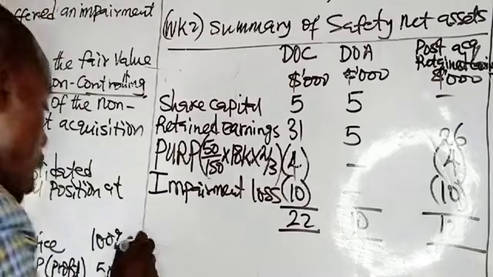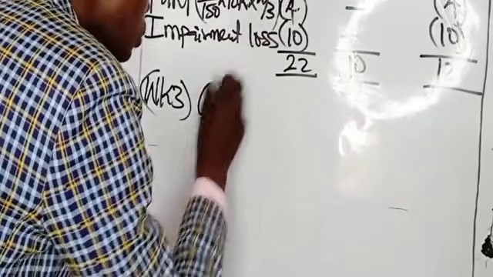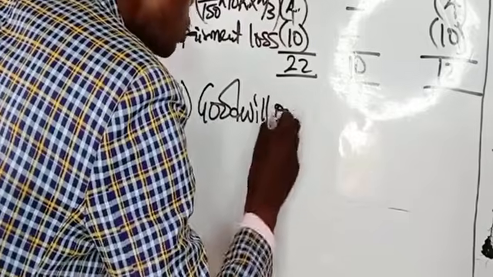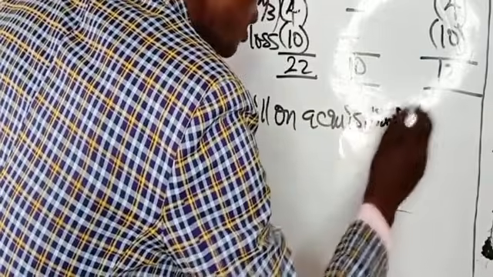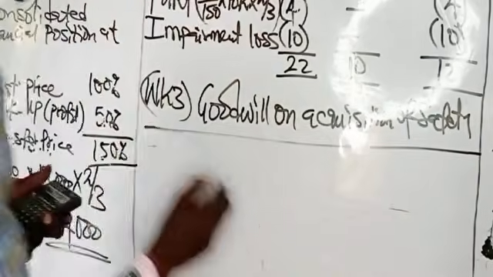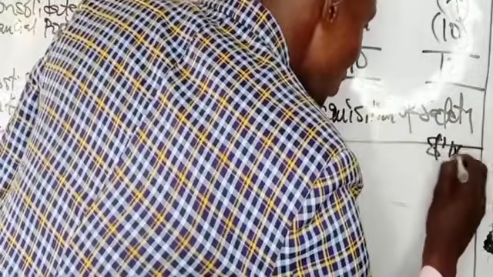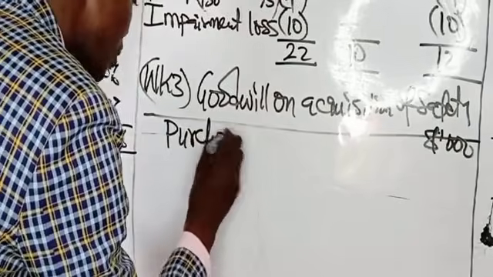Then the next working 3, is the calculation of goodwill on acquisition of subsidiary. I've told you that to calculate goodwill, you start with your purchase consideration or consideration transferred.